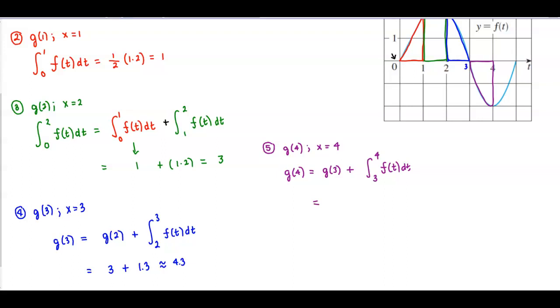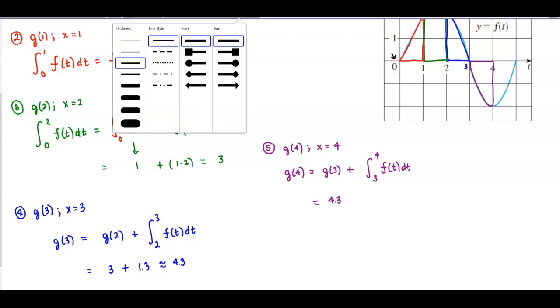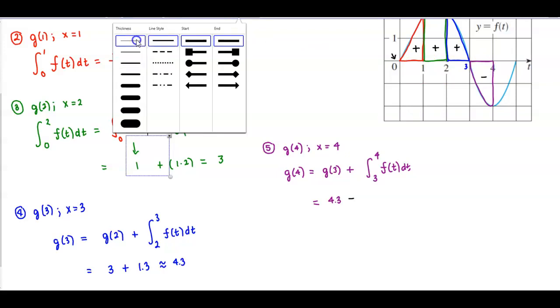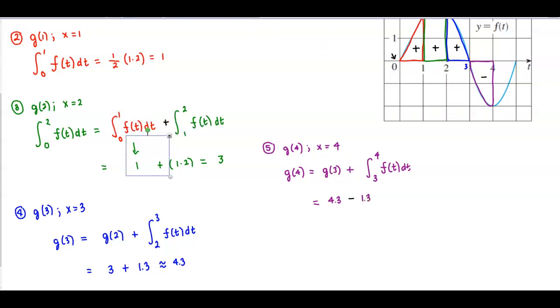We know that g of 3 is approximately 4.3. Now if we notice here, this is positive, this is positive, this is positive, so we're adding all 3. Now we need to subtract this amount. So we subtract the approximation of this, and since this is similar to that one, it represents minus 1.3. So 4.3 minus 1.3 gives us approximately 3.